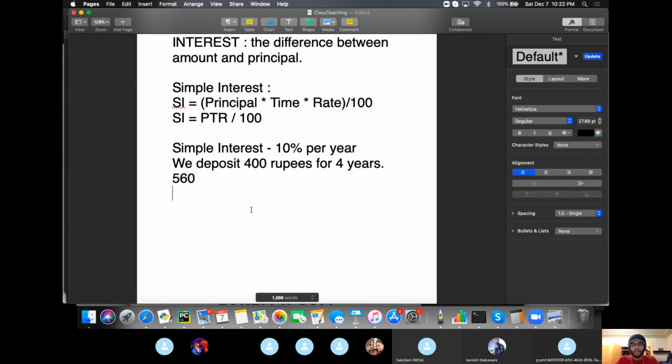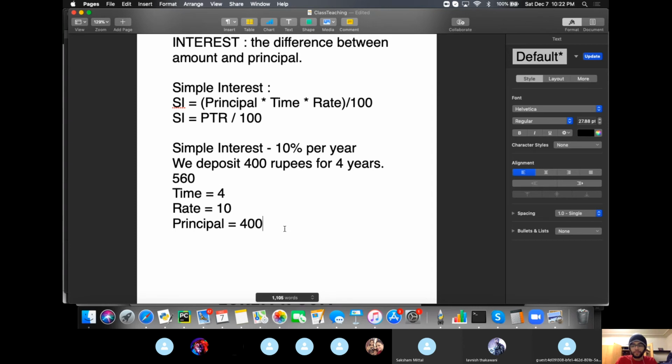Okay, let us check. So first we will write down time equals 4, rate equals 10, principal equals 400. It's always good to cultivate this habit where you actually write these things down.